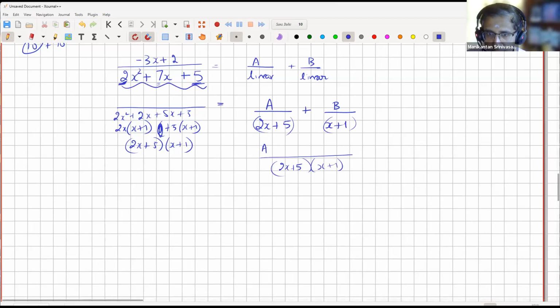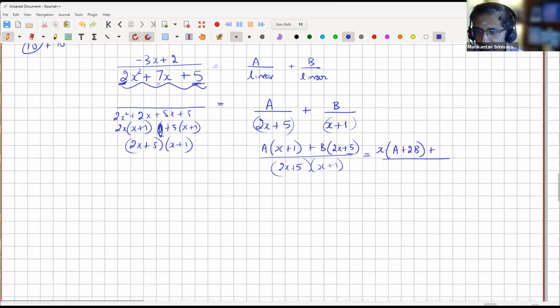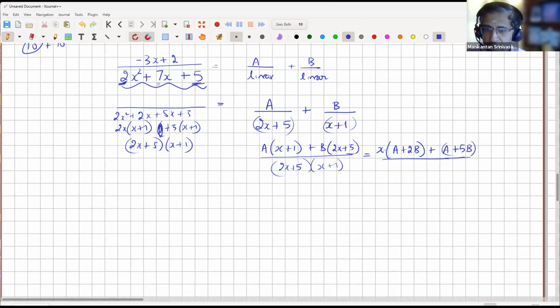Now the numerator will become a times x plus 1 plus b times 2x plus 5. If you collect all the x terms, it's x into a plus 2b, and the constant term is a plus 5b.